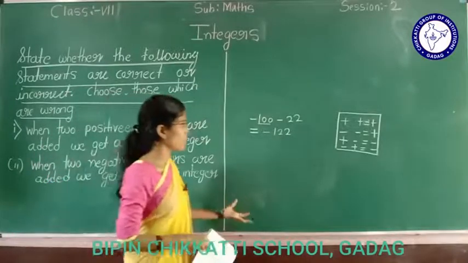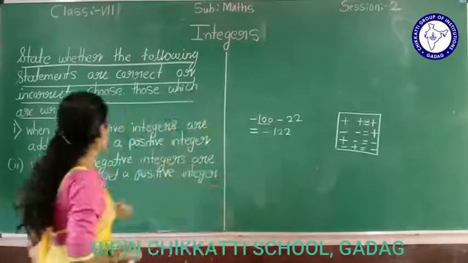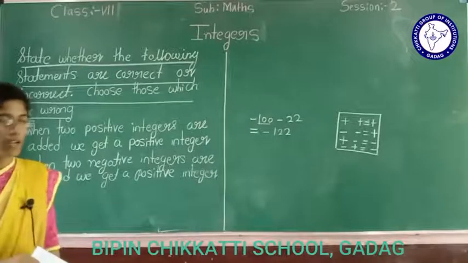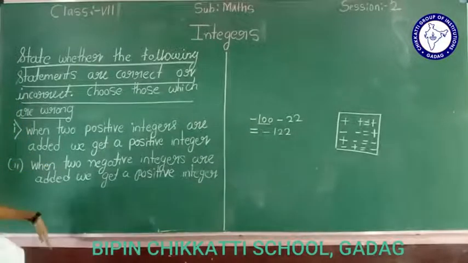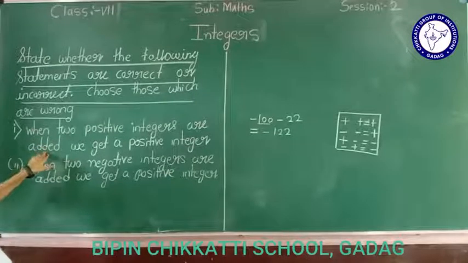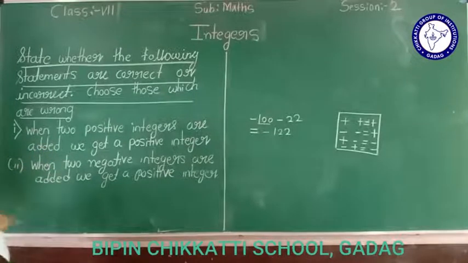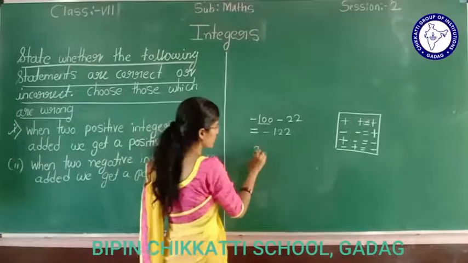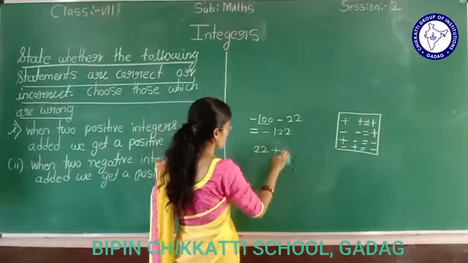This fact I told, and again we solved it in the last class. State whether the following statements are correct or incorrect, choose those which are wrong. These two we have solved, yes or no? When two positive integers are added, we get a positive integer. I gave an example also, right? Take any example, 22 plus 2.